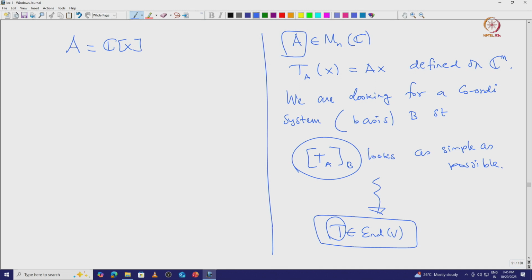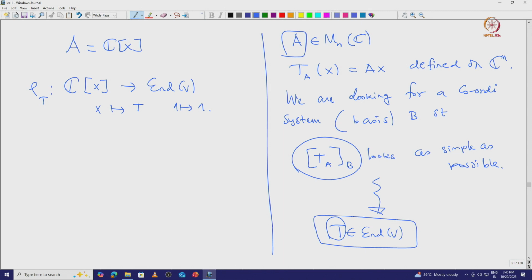Once we are given this linear transformation T, what can we do? We can immediately define this representation rho T, which is a map from C x to the endomorphism of V given by evaluation: x goes to T and 1 goes to 1. So now we have a representation of this algebra C x, and V can be treated as a C x module.